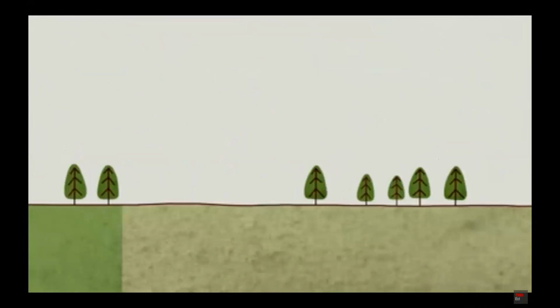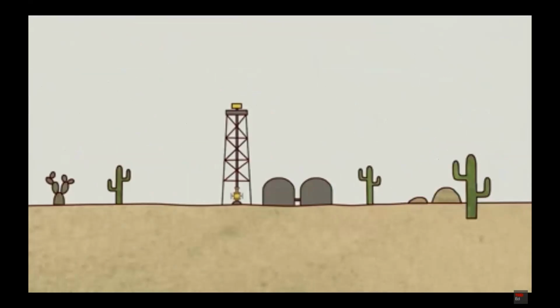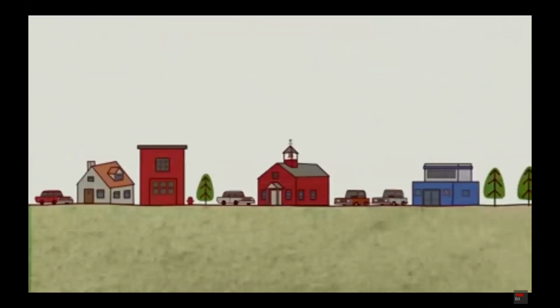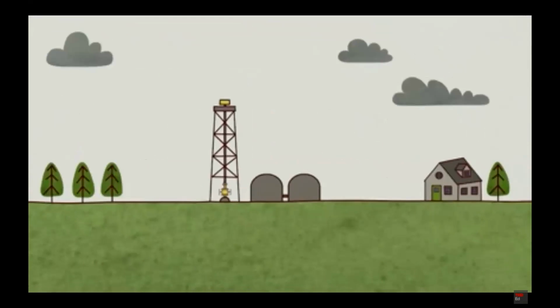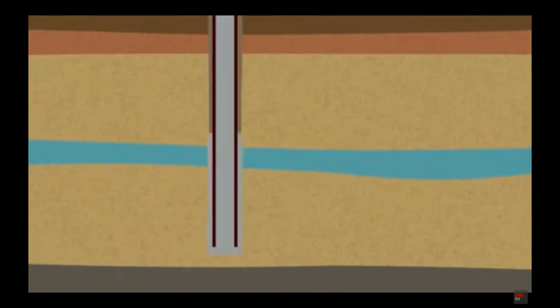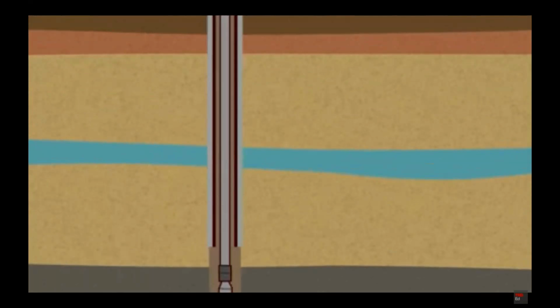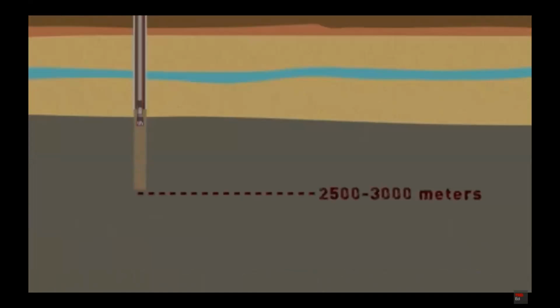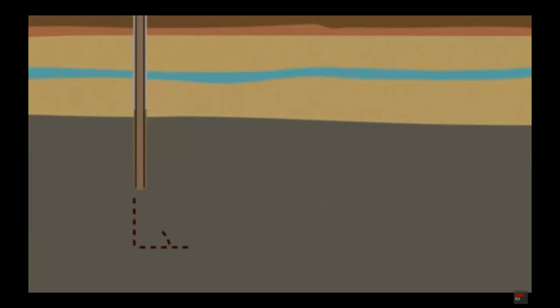A fracking site can be anywhere with natural gas, from a remote desert to several hundred feet from your backyard. It starts out with a long vertical hole, known as a well bore, drilled down through layers of sediment. When the well reaches 2,500 to 3,000 meters, it's at its kickoff point, where it can begin the process of horizontal drilling.